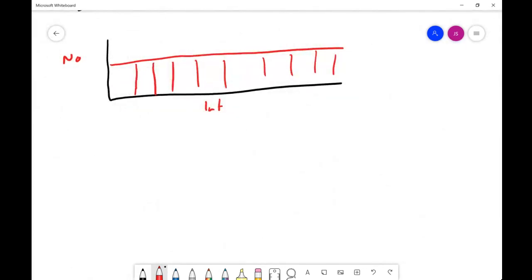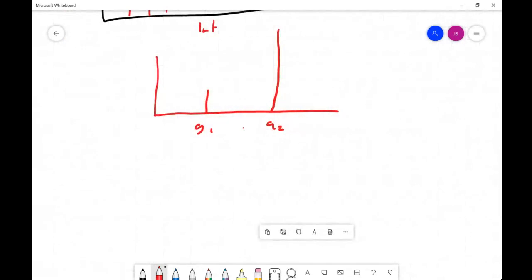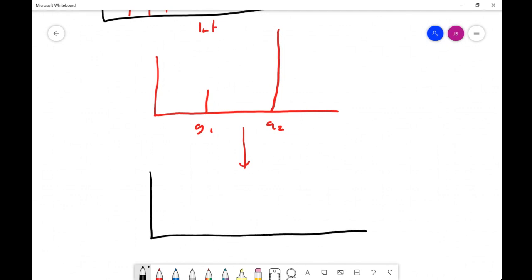For example, if I have a histogram which is just two entries, two populations at G1 and G2, and I equalize those using a flat histogram, we have to increase the number of G1s and decrease the number of G2s, and that is flat or equal.